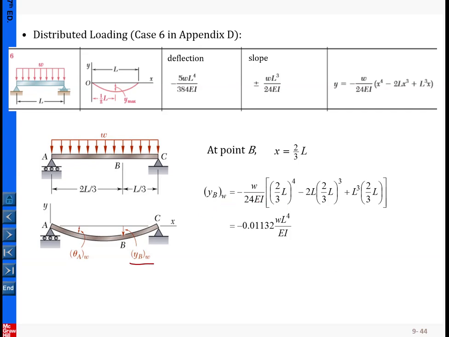For that number I simply plug in; for this case, x equals 2L/3, so I use the y/x equations with x equal to 2L/3. Plugging in, I have this number here, and again the minus sign indicates that it is downward. So keep this number in mind.